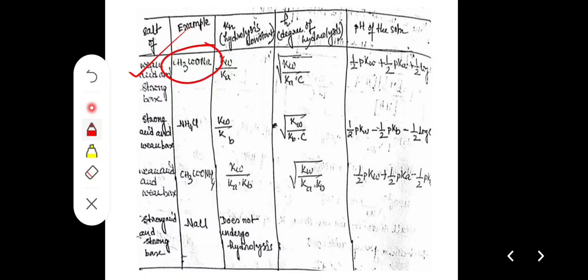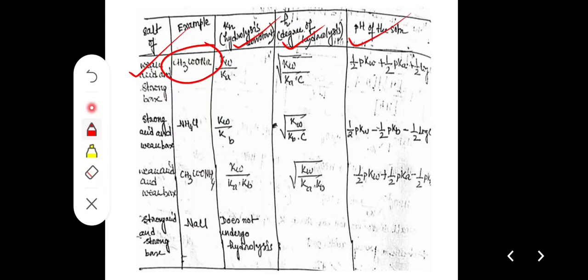We get CH3COONa due to their combination. The hydrolysis constant Kh is Kw by Ka, the degree of hydrolysis h is root over Kw by Ka into C. The pH of the solution is half pKw plus half pKa plus half log C.